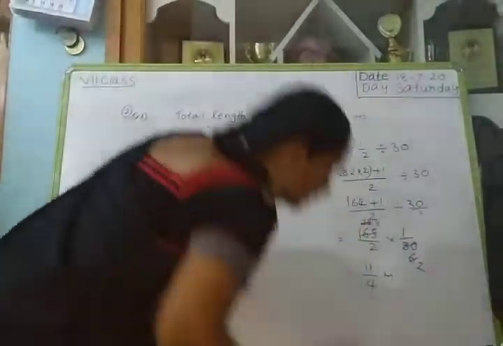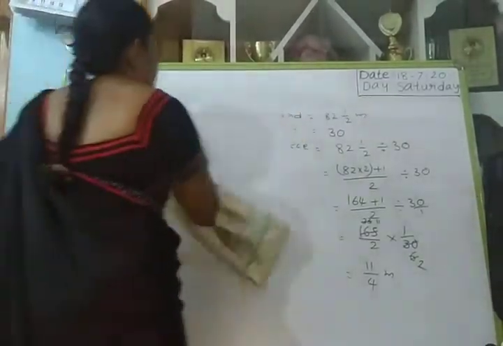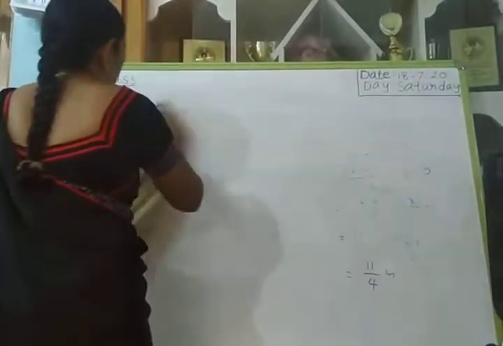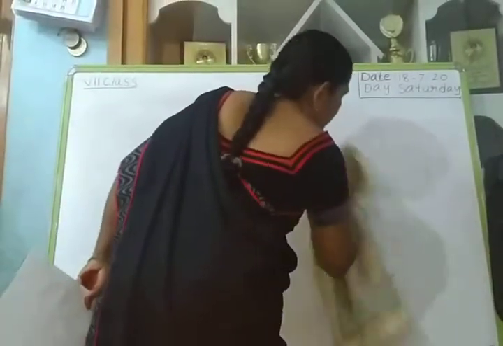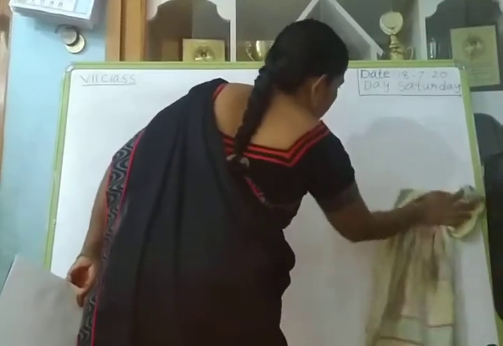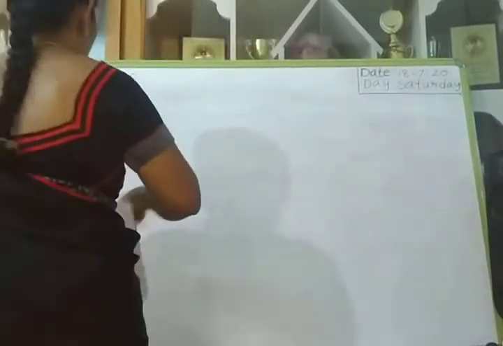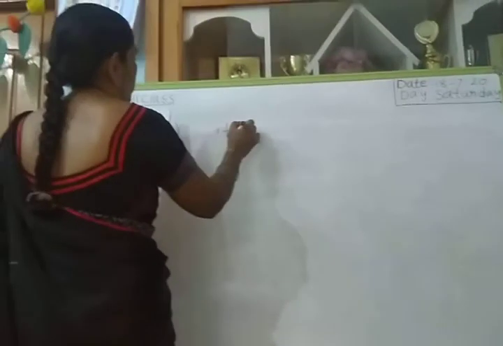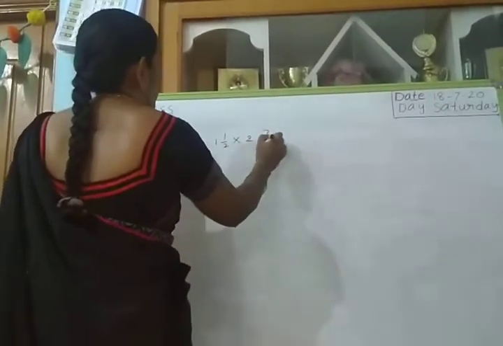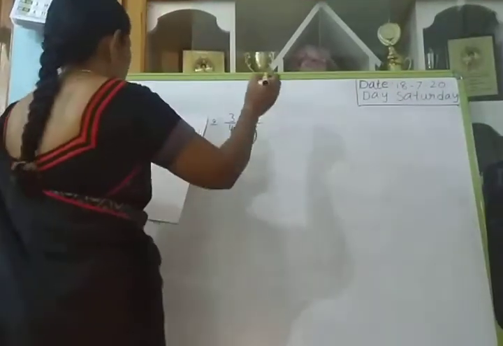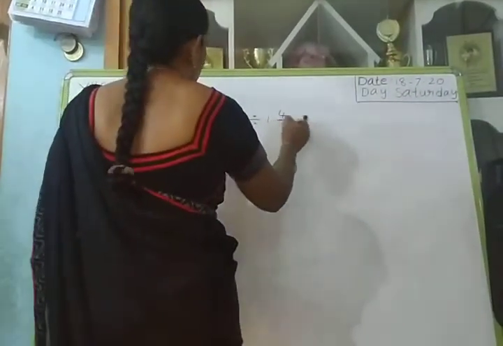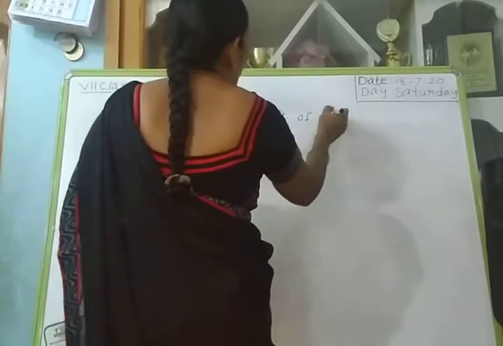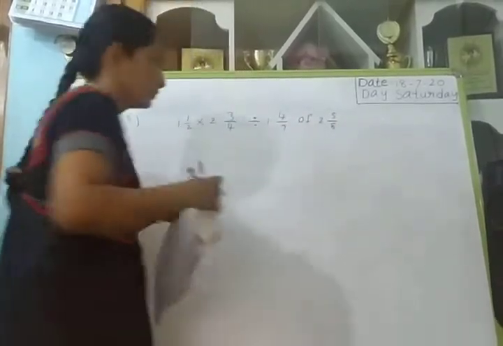Next, the last question, the third question. Simplify: 1 by 2 into 2 3 by 4 divided by 1 4 by 7 of 2 5 by 8.